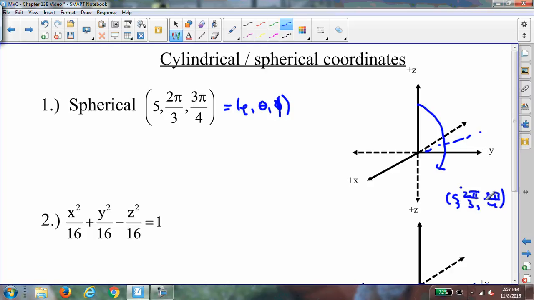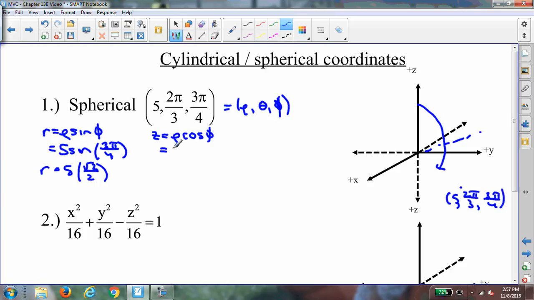So if we convert this to cylindrical, we can start with r equal to rho sine phi, which in this case is going to be 5 sine of 3 pi over 4. And therefore it's going to be r equals 5 times square root of 2 over 2. Z is equal to rho cosine phi.